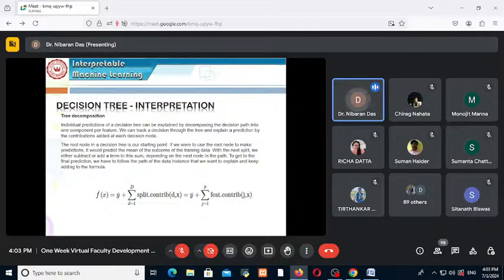So this feature importance can also be described with this formula. Now, tree decomposition: an individual prediction of a decision tree can be explained by decomposing the decision path into one component per feature. We can track a decision through the tree and explain a prediction by the contributions added at each decision node. The root node in a decision tree is our starting point.